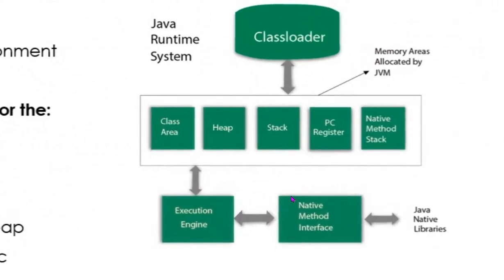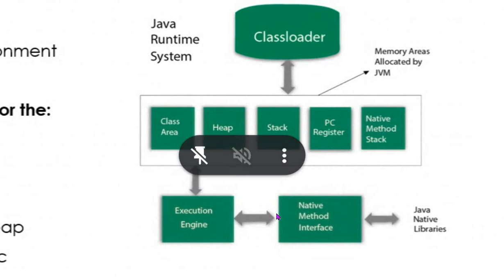But what about the references which I am using from the native method library, the Java native library, which is giving me the native method interface? For that native method interface, whatever objects will be created or whatever reference memory is required, that will be there in the native method stack.